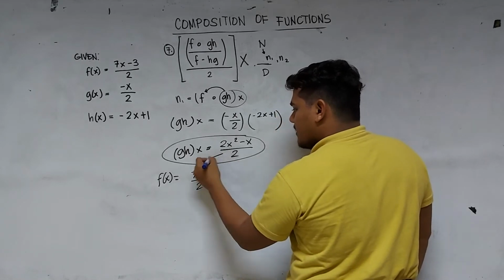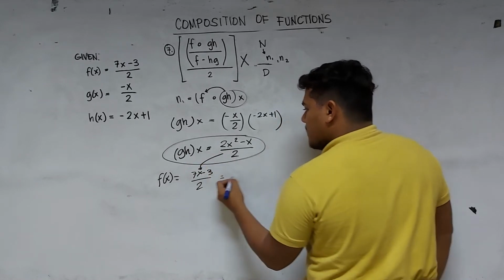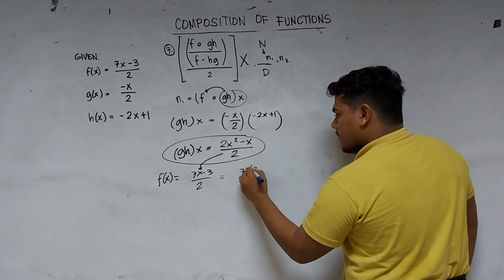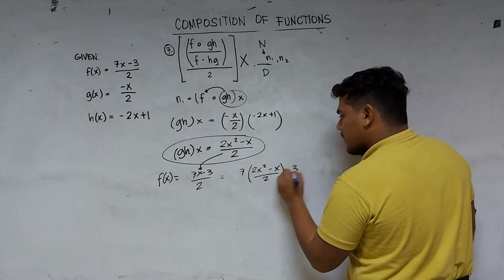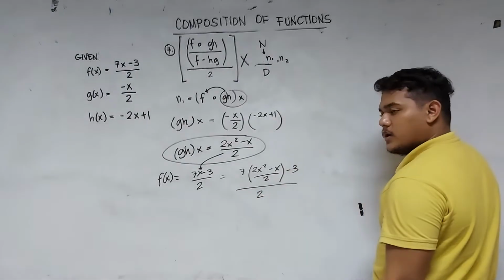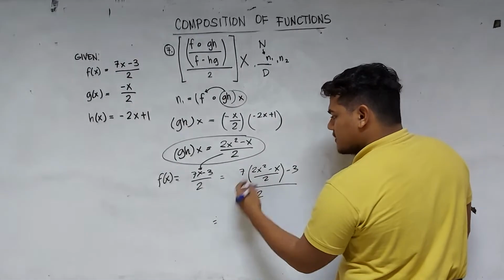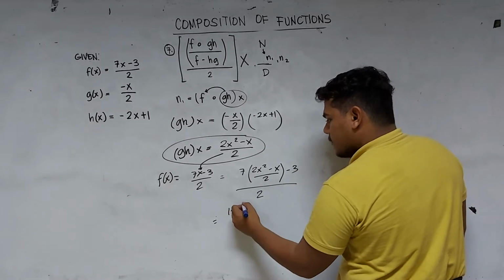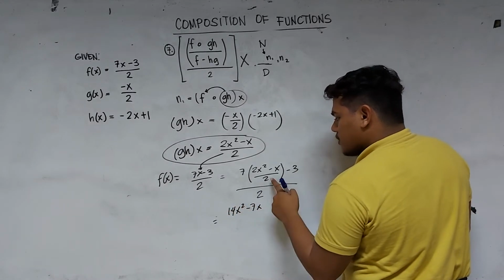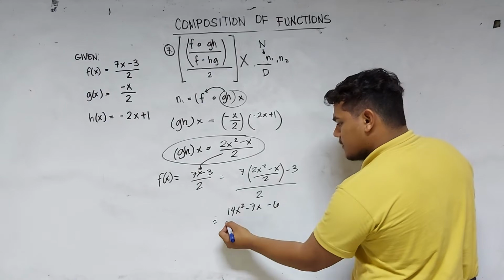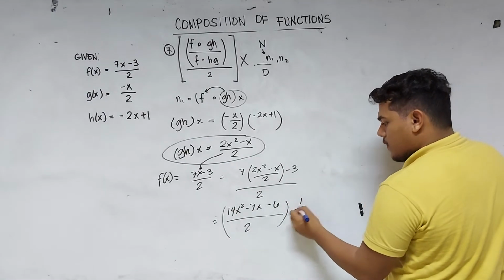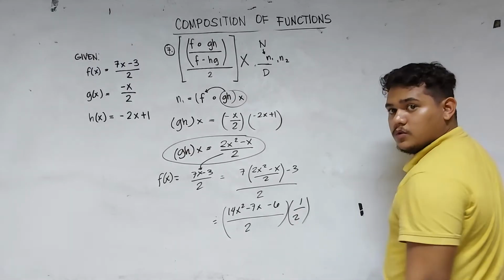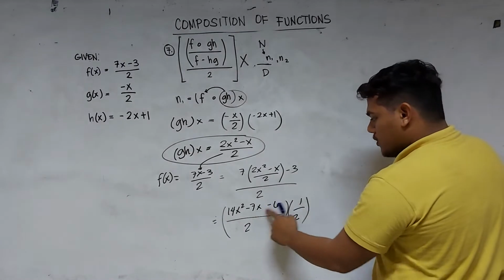Therefore, we substitute it here. So this becomes 7 times 2x squared minus x over 2 minus 3 over 2. Right? Let's continue. This becomes 14x squared minus 7x, minus 6 over 2 times. What happens to the denominator here? 1 over 2. Let's continue. Multiply.